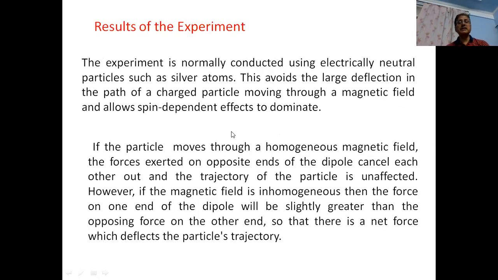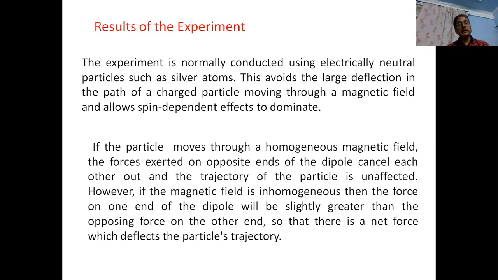Now let us consider the results of the experiment finally. The experiment is normally conducted using electrically neutral particles such as silver atoms. This avoids the large deflection in the path of a charged particle moving through a magnetic field and allows spin-dependent effects to dominate.